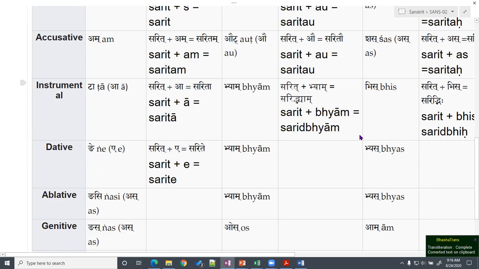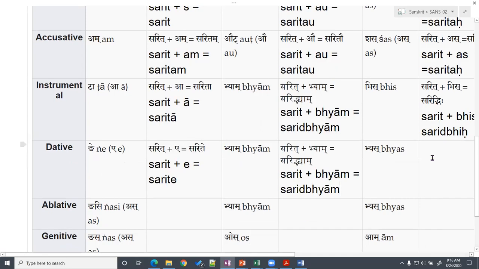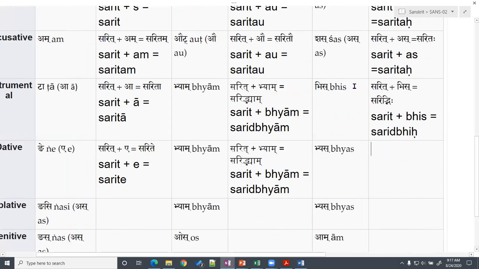And saridbhyam, that remains the same. It's the same suffix exactly. And bhyas, same logic, just like in bhis we had.